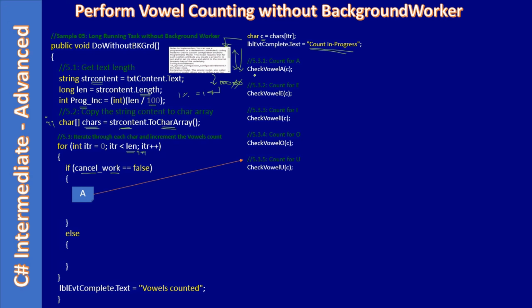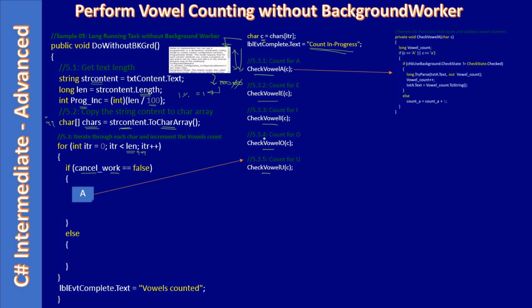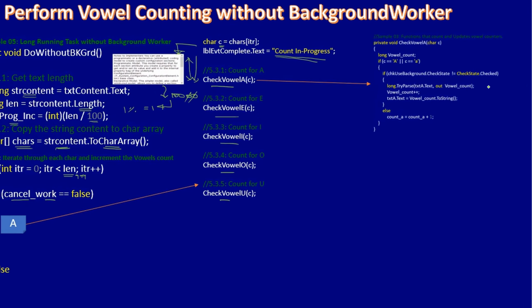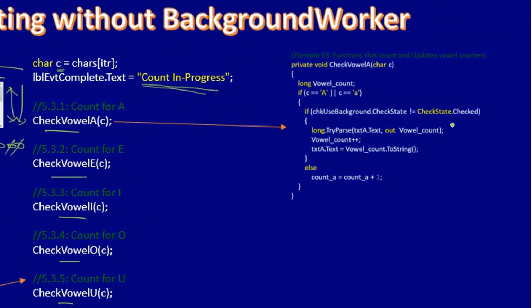After that, we are making calls to check vowel A, vowel E, I, O, U. These are all our vowel check functions, and we saw them in the previous slide. When we are not using the worker component, we will land here, and you know what happens here.